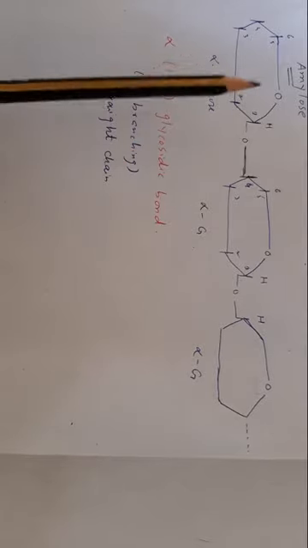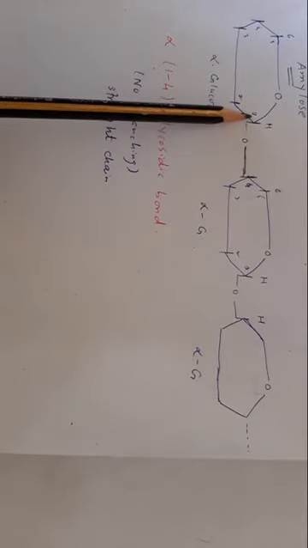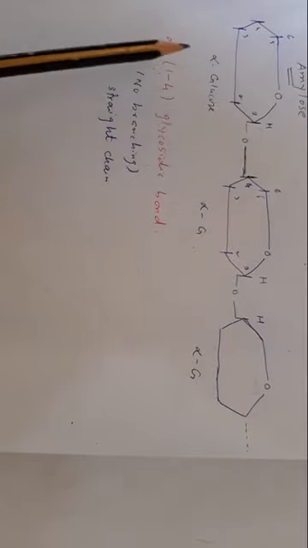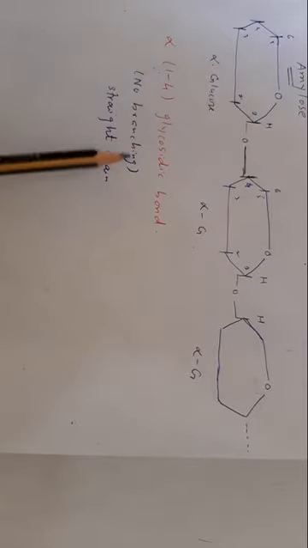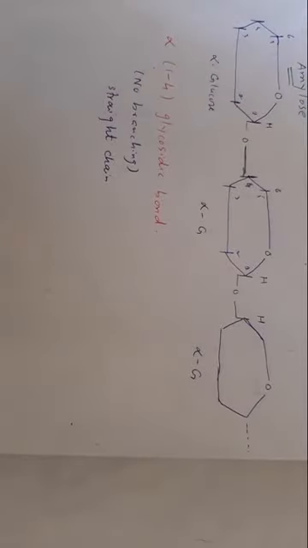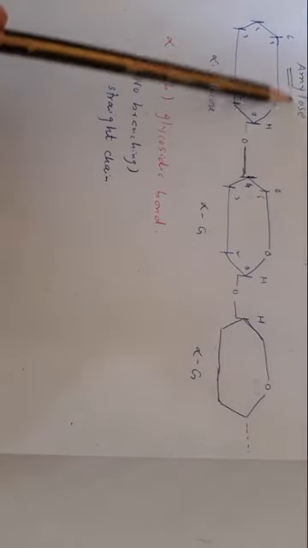Why 1,4? Because the glycosidic bond is found between carbon number 1 of one glucose unit and carbon number 4 of another glucose unit. There is no branching. It is a straight chain. So unbranched starch is called amylose.